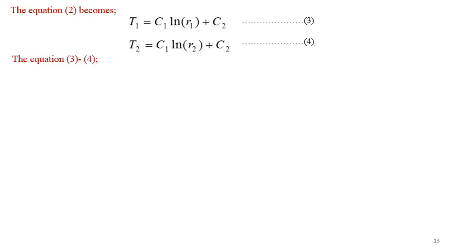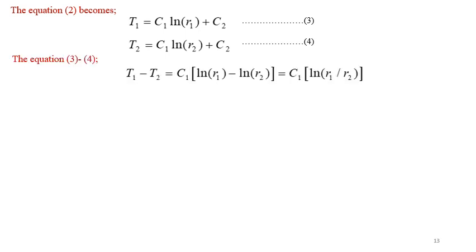Then equation 2 becomes T1 is equal to C1 into ln r1 plus C2, equation 3, and T2 is equal to C1 into ln r2 plus C2, equation 4.